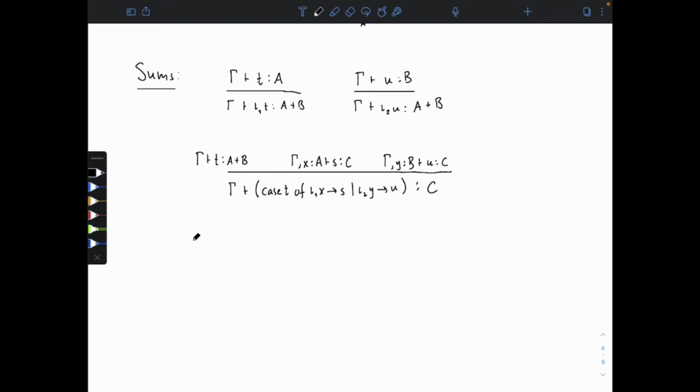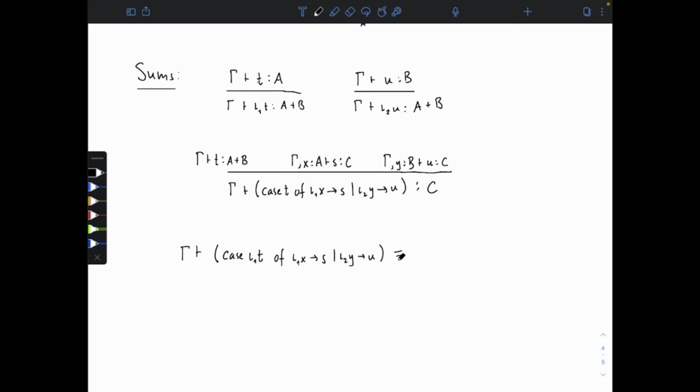Well, a computation rule probably, namely, what would you expect happens if I do this? Case iota 1 of t, S of x goes to S, iota 2 y goes to u.